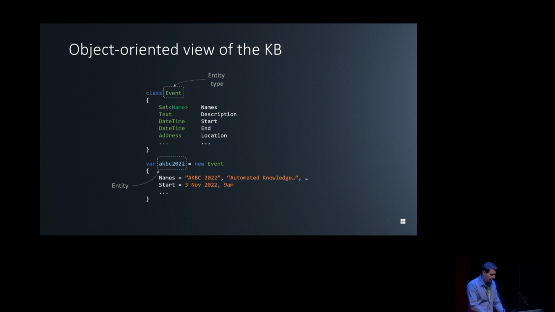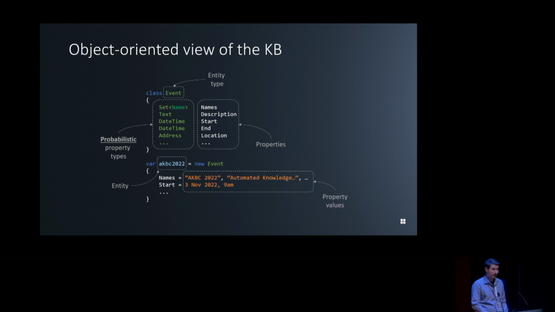This is AKBC in this example. And the corresponding type has a given schema, which is the set of properties, and in the instance you have the actual property values. Now what's very important is that all of these properties have corresponding types, and these are, in our case, probabilistic types.